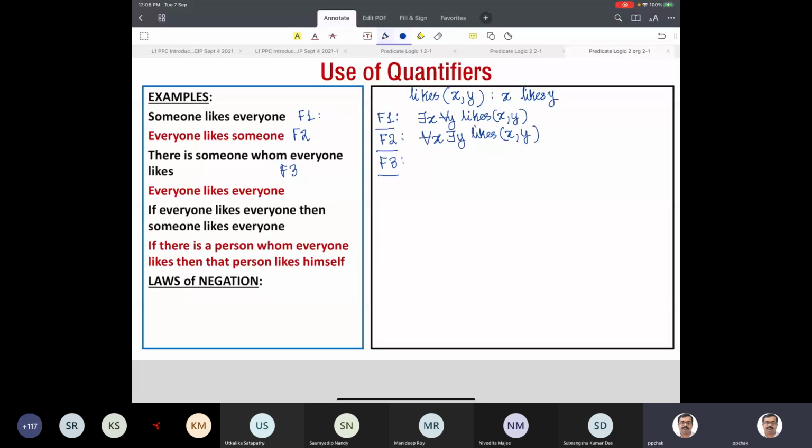Devraj Priyadarshi, what is F3? I wrote there exists X such that for all Y, likes(Y, X).